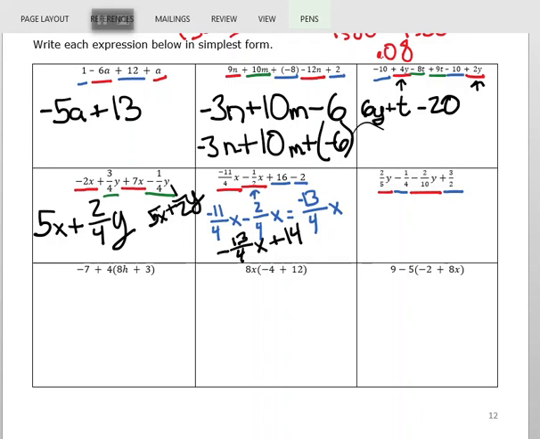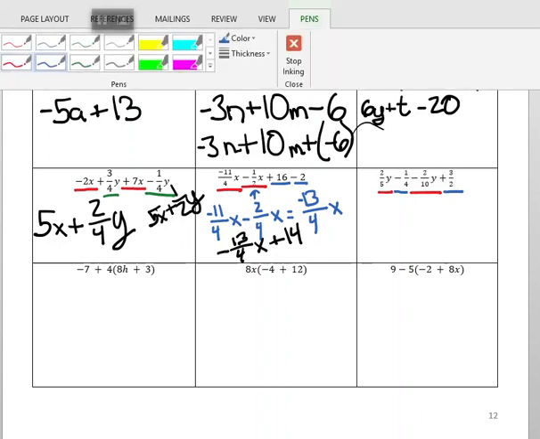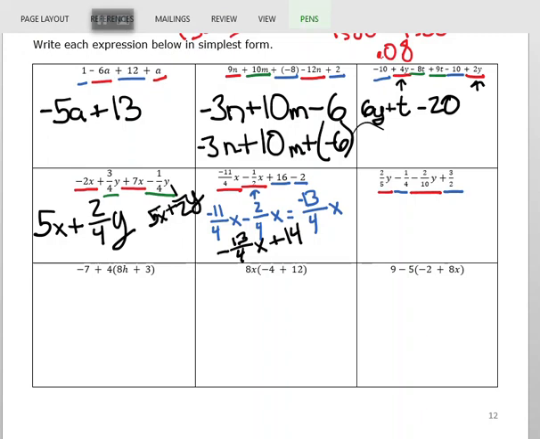I want to take my 2/5 and turn that into 4/10. So I have 4/10 y minus 2/10 y, which is going to give me 2/10 y, or 1/5 y.